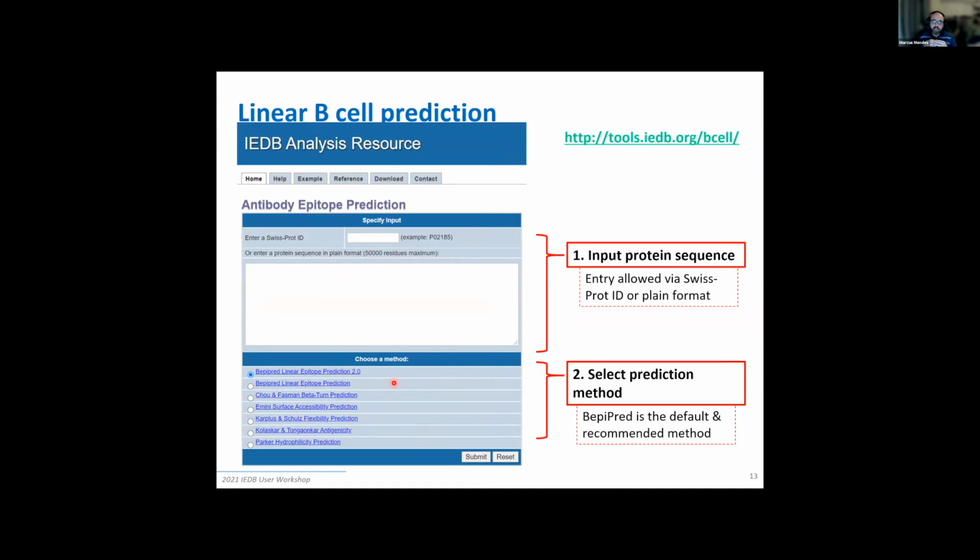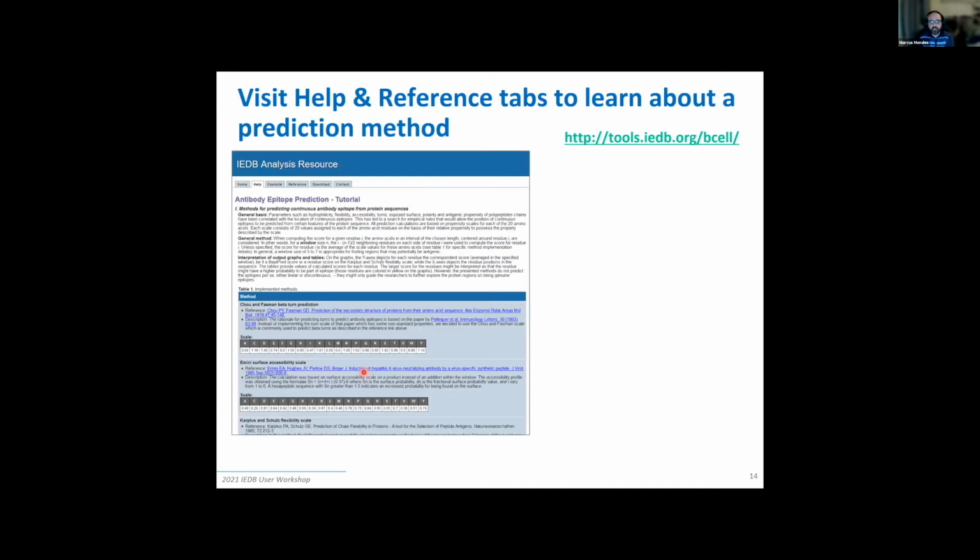If you want to know more about those methods, you can click on any blue link over here and it will open a help tab. Here you have a lot of information, for example about the method, the parameters, and the scores of each method. So it's very useful if you want to learn more.